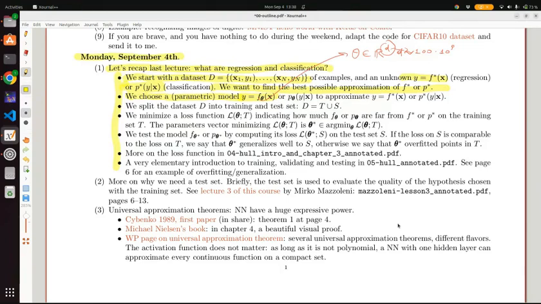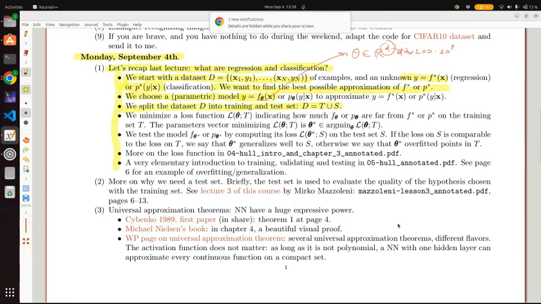Then you remember that now we are going to find a candidate for the approximation we are looking for. So we are going to find a candidate, and in order to assess how much this candidate is likely going to be a good approximation of this unknown function, we need a test set.